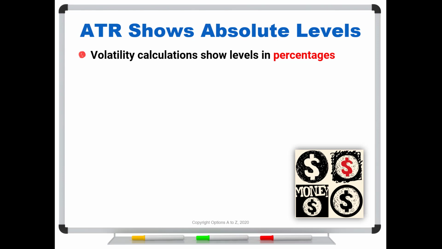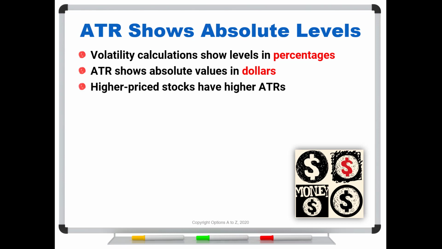And I think everybody knows that if we have a 20% volatility stock compared to a 30%, that the 30% has more price variation. All we have to do is look at which one has the biggest percentage. Well, you can't do that with ATR. And that's because ATR shows absolute values in dollars. So that means higher price stocks will have higher ATRs, and lower price stocks will have lower ATRs.